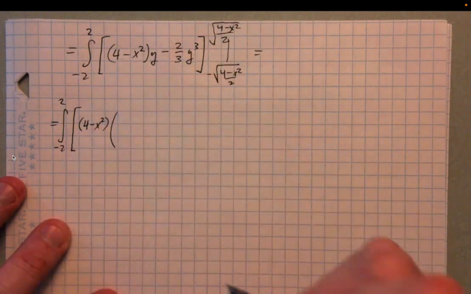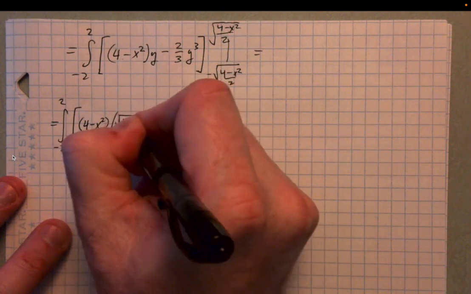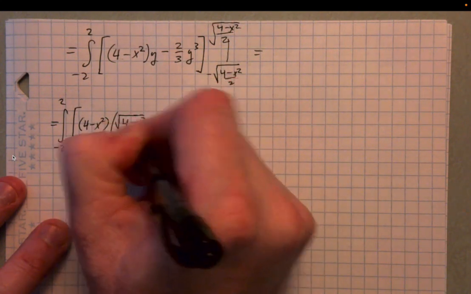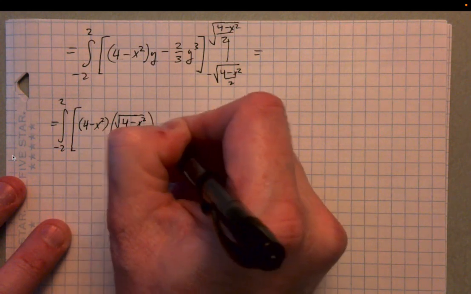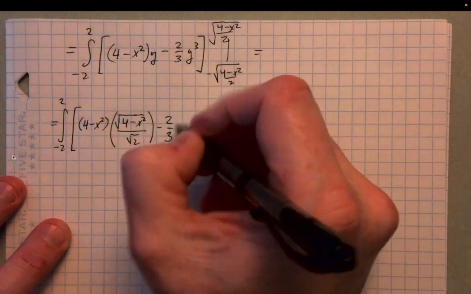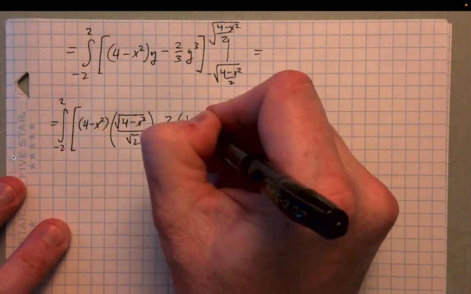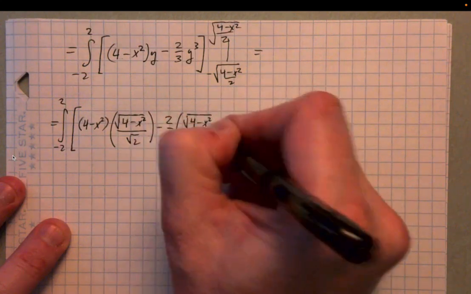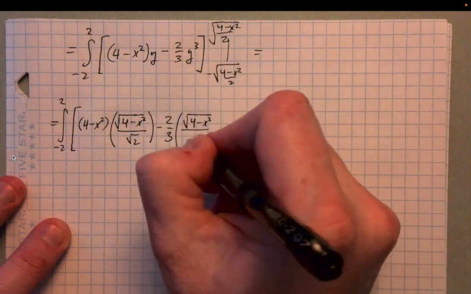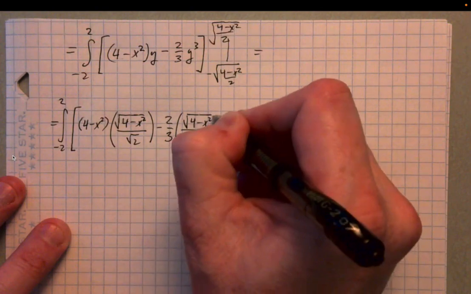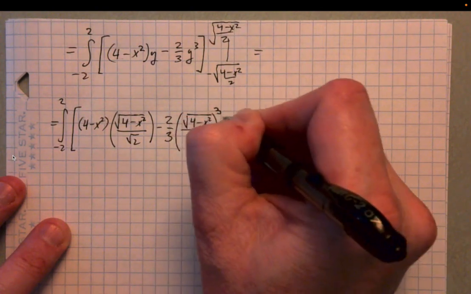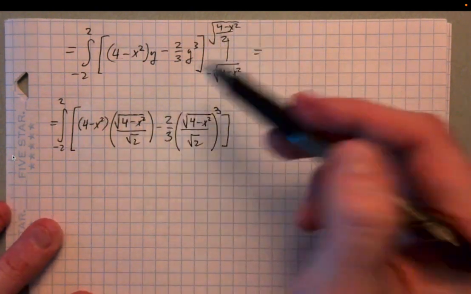So when we do that, we get something like this. We plug in the square root of (4 minus x squared) over 2. Okay, and that's the evaluation at the top, right?